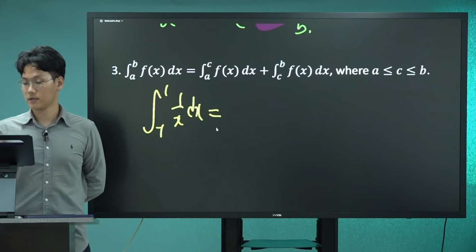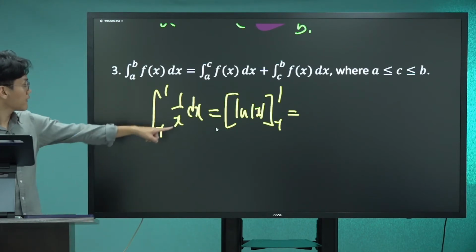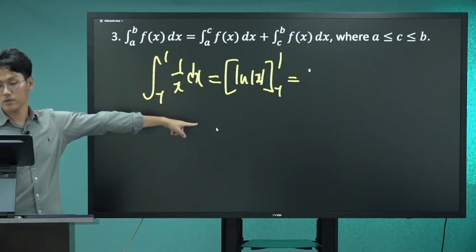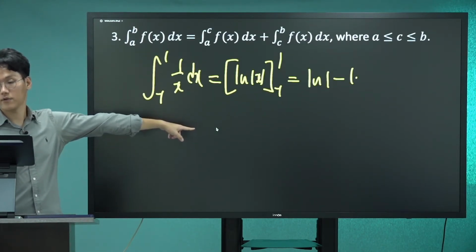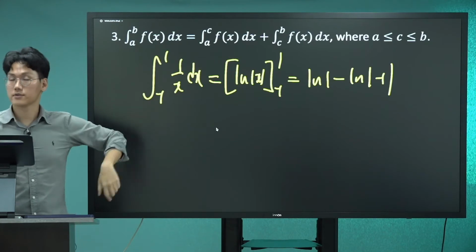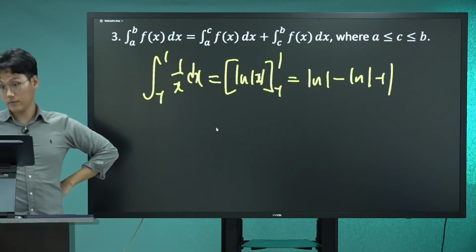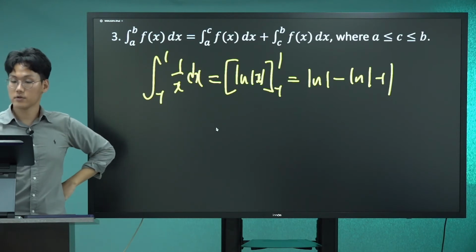So I will get ln of absolute value of x, evaluating from negative 1 to 1, right? But look, if I put 1 and negative 1, it's going to be ln of 1 minus ln of absolute value of negative 1. Yes? But I put an absolute value, that's okay to work with the positive, right? So negative is fine. So ln 1 is the same as who?